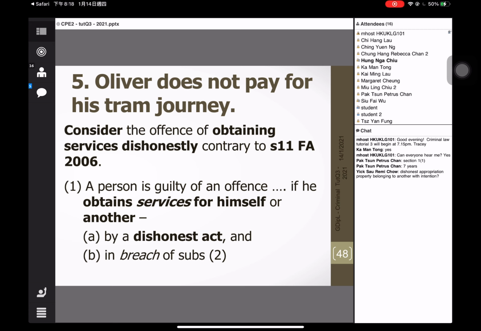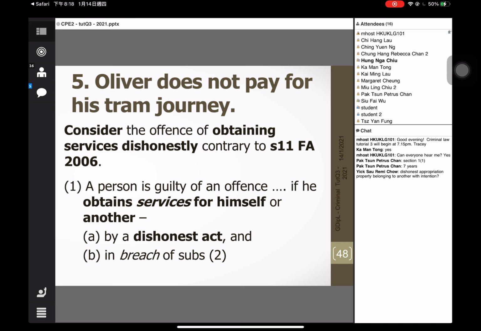Unusually, this particular offence, obtaining services dishonestly, Section 11 of the Fraud Act 2006, is actually a result crime. It's not in the inchoate mode, the conduct mode, incomplete mode of the other fraud offences. So here, obtaining services dishonestly should not be confused with obtaining services by deception.